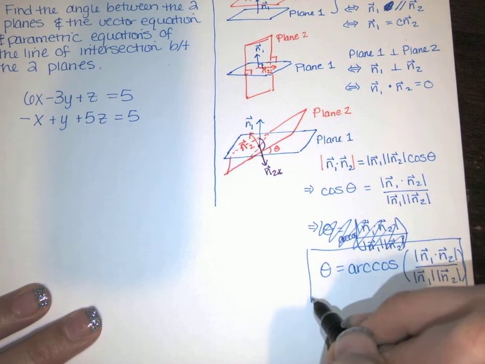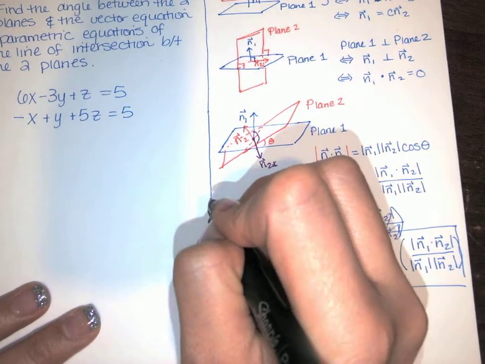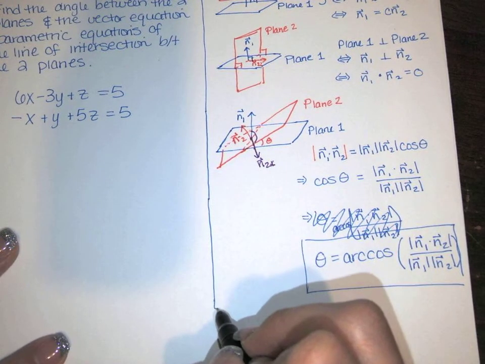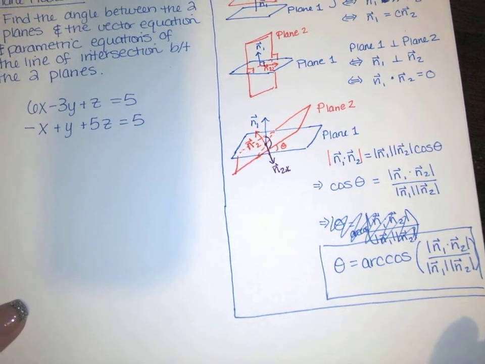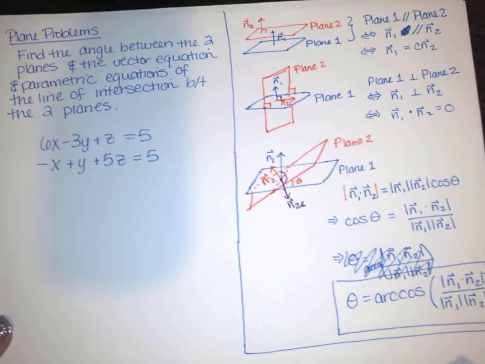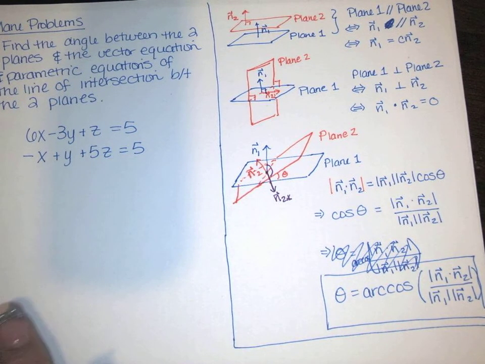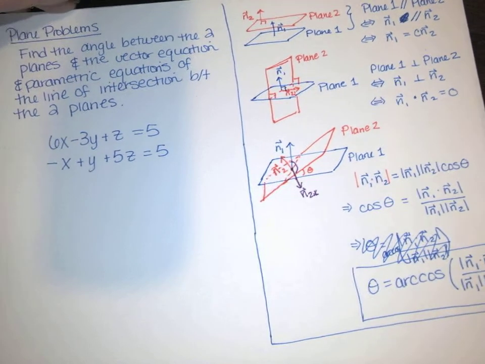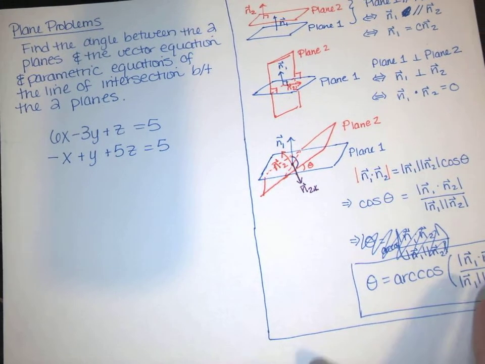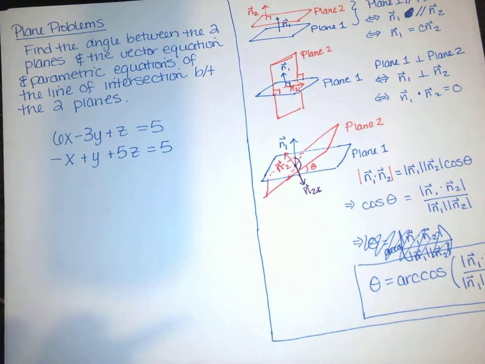So I just wanted to do that again briefly. Okay, so that way you can just use the absolute value every time rather than having to subtract an angle from pi.